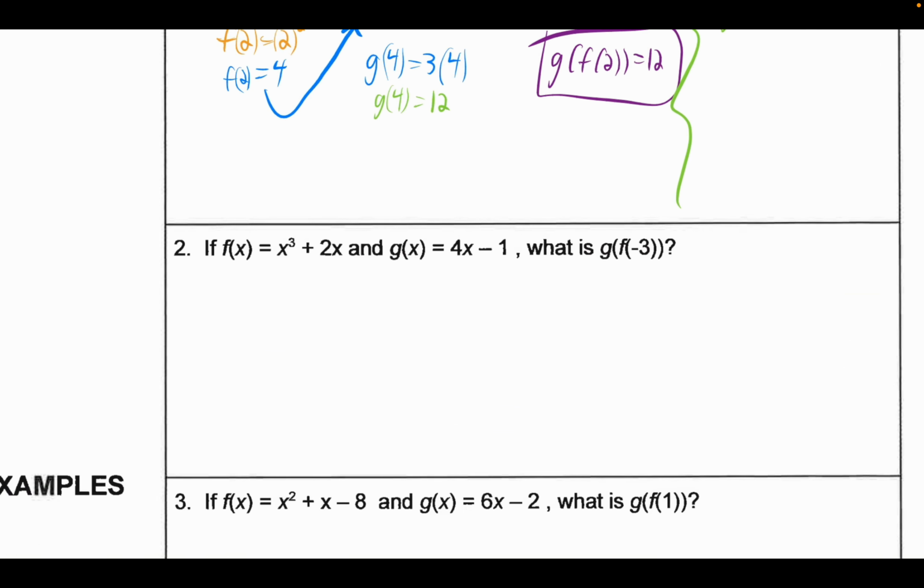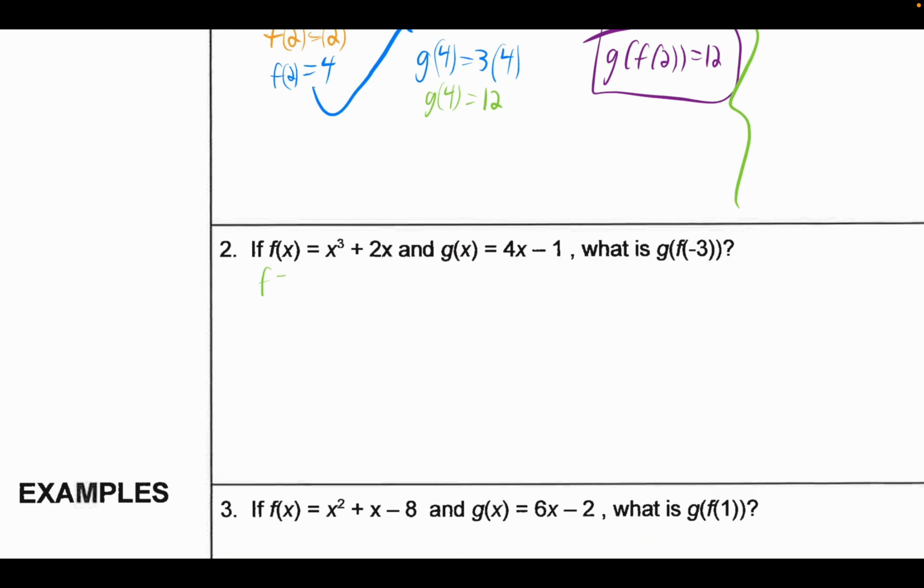Let's take a look at number 2 here. So here we're asked to find g of f of -3. So we're plugging -3 into f and then plugging that result into g. So f of -3 is equal to -3 being cubed plus 2 times -3. And so that's -27 minus 6, which is -33.